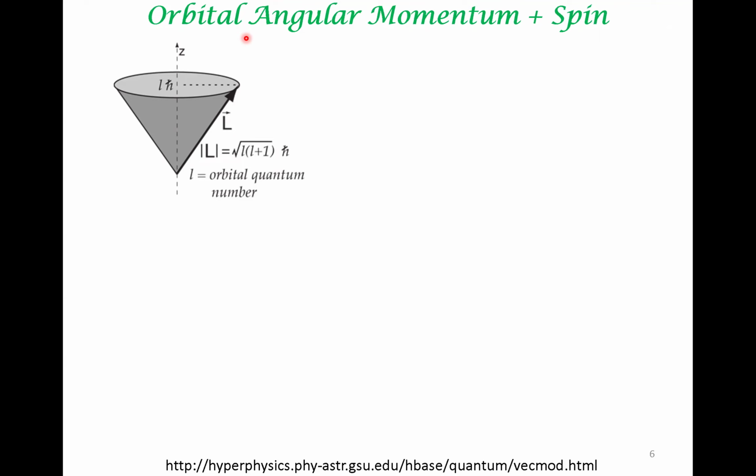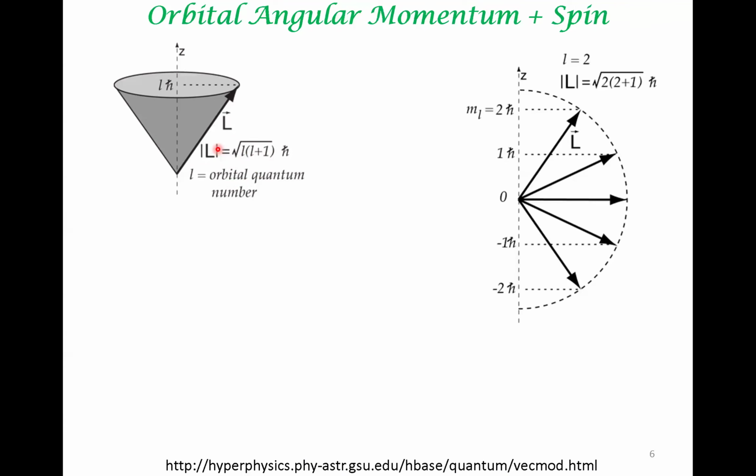So there are two kinds of angular momentum. One is the orbital angular momentum and the other is spin angular momentum. Both have to be conserved in many cases. We have already seen some of these expressions in previous lectures. So this is the angular momentum quantum number. This is the overall angular momentum.